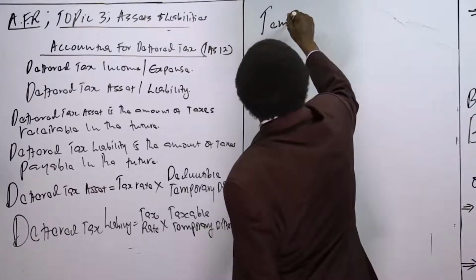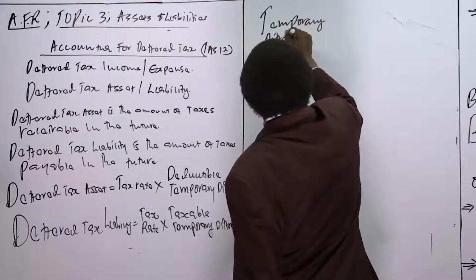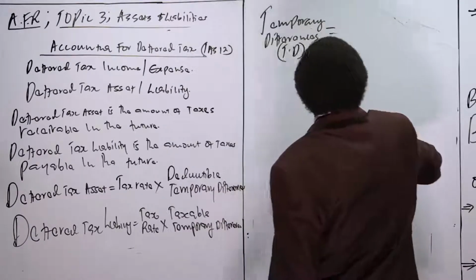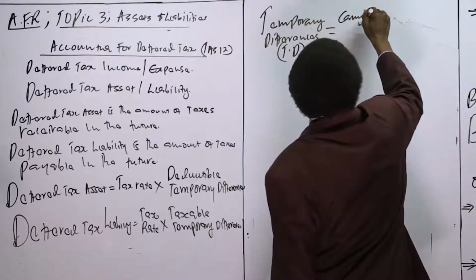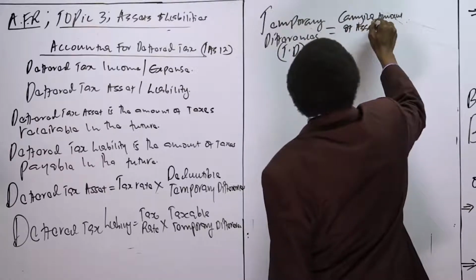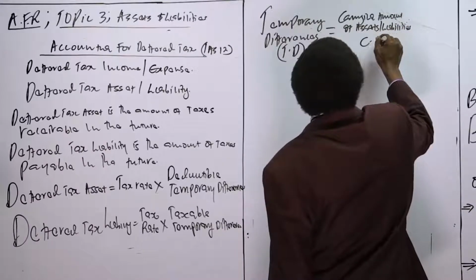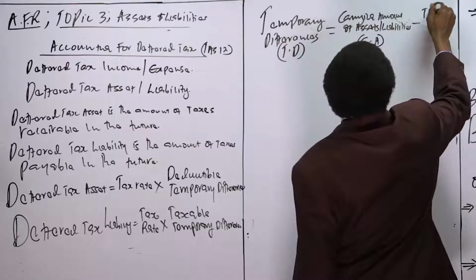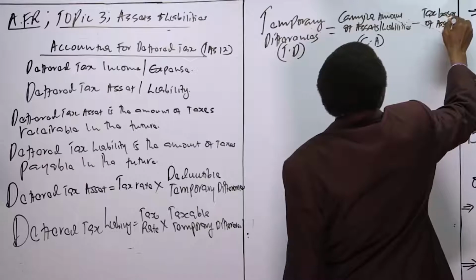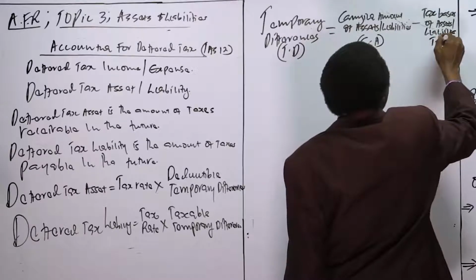So temporary differences, which I'm going to have as TD, will be equal to the carrying amount of assets or liabilities, which I'm going to have as CA, minus the tax basis of assets or liabilities, what I refer to as TB.